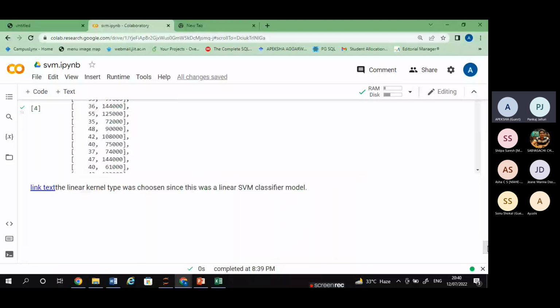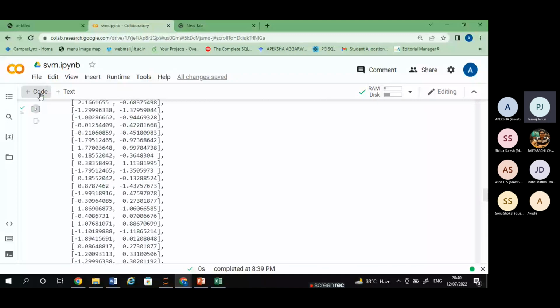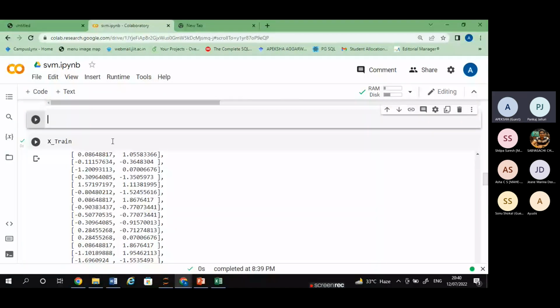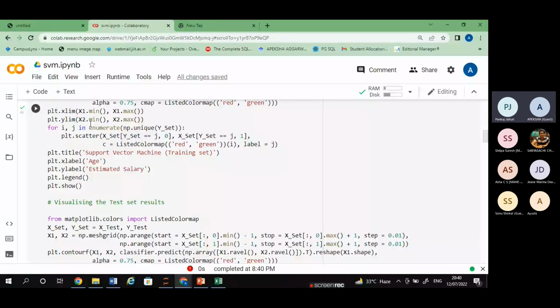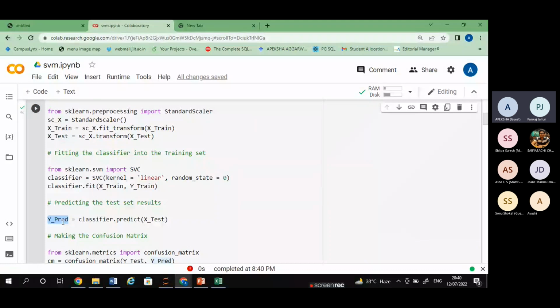If I want to see that, y, oh, so sorry, actually the name is this one, y predict.